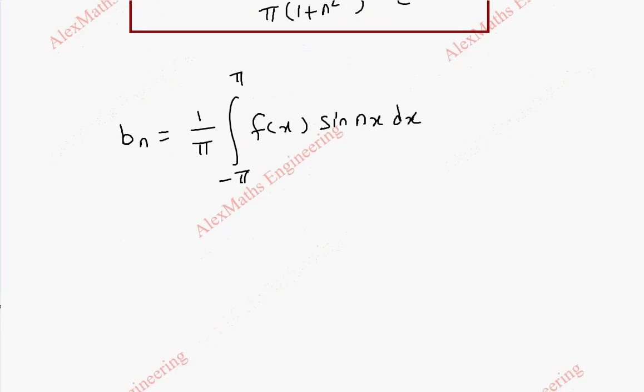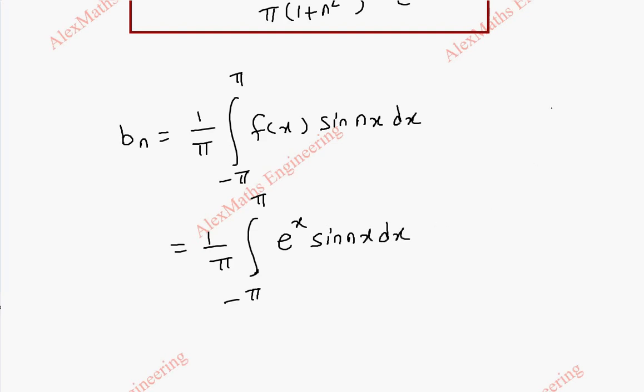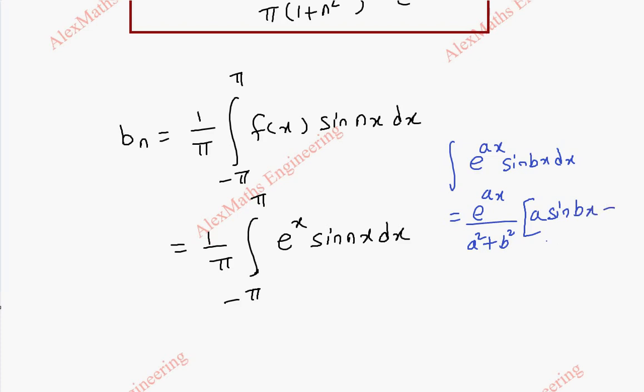Now this becomes 1 by pi integral from minus pi to pi, f of x is e power x, into sin nx dx. For this integration, we have a basic formula: integral of e power ax into sin bx dx is e power ax by a square plus b square into (a sin bx minus b cos bx) plus c.